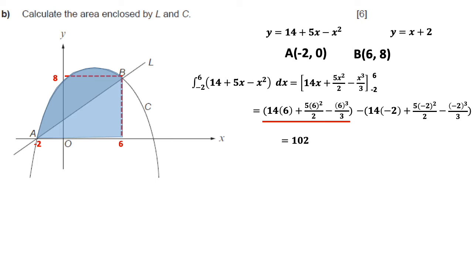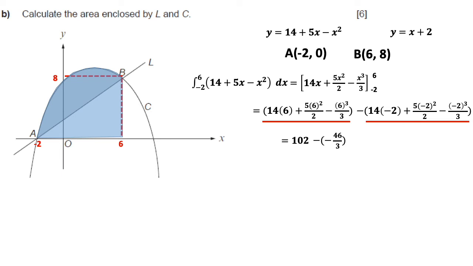So if we substitute the 6 in and type that in on our calculators, you should get 102 as an answer for when we substitute x equals 6 in. And if we work out the answer when we substitute x equals minus 2 in, we get minus 46 over 3 as an answer.